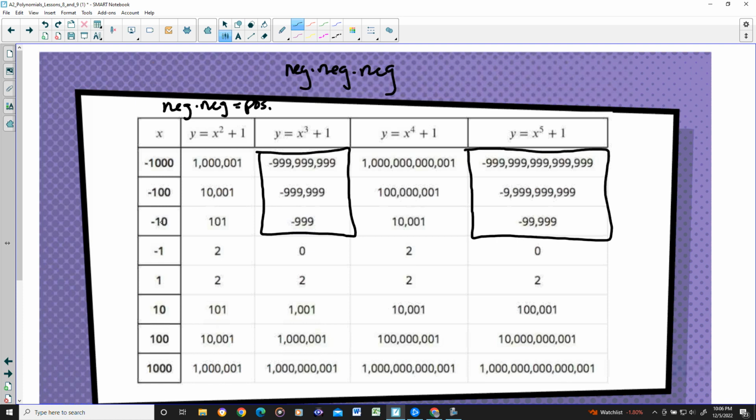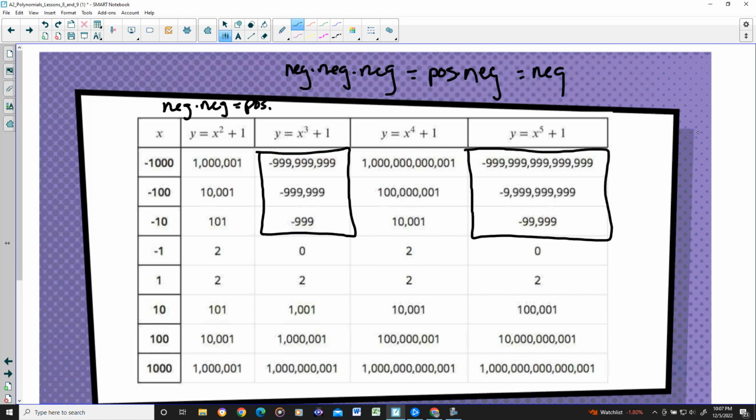Negative 10 times negative 10 is going to be a positive. So the first two negatives will multiply together, and you'll get a positive. You'll then multiply it, bring down the next negative, and a positive times a negative is a negative. So when you have three negatives, these values are negative.